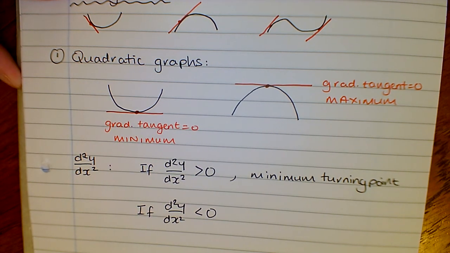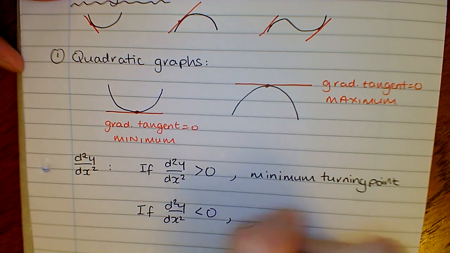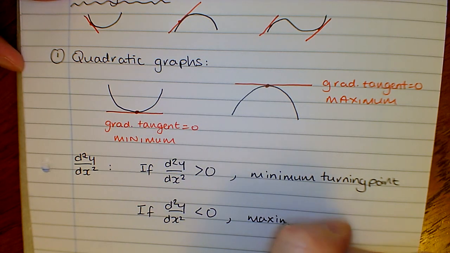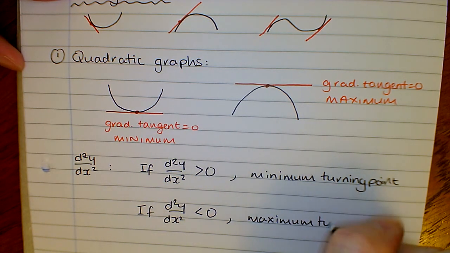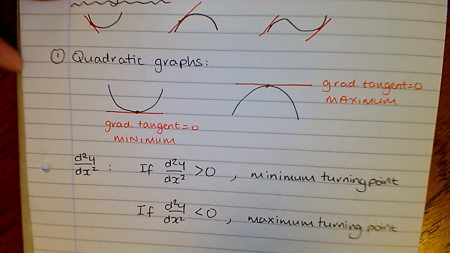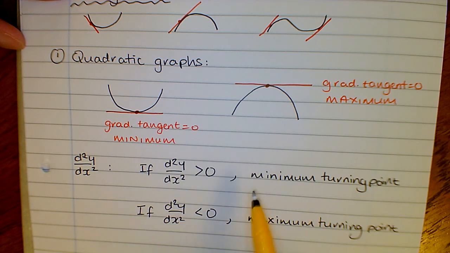And if d2y by dx squared is less than 0, we have a maximum turning point. So they're kind of the opposite of what you think. If it's greater than 0, it's a minimum. Less than 0, it's a maximum. And you need to know these two.